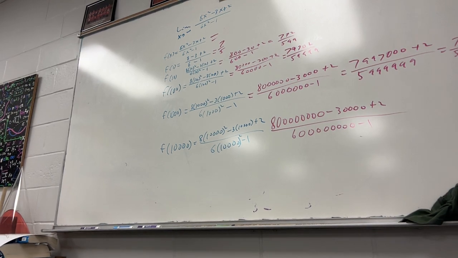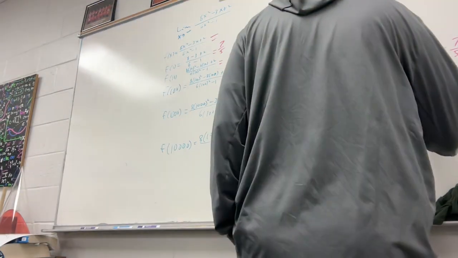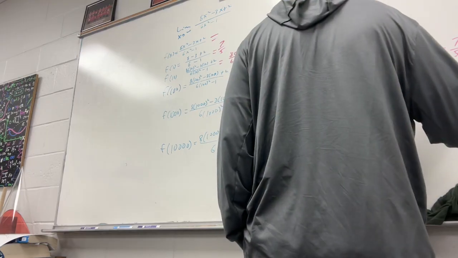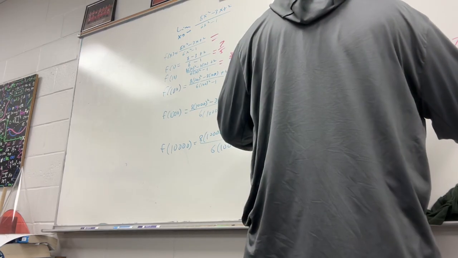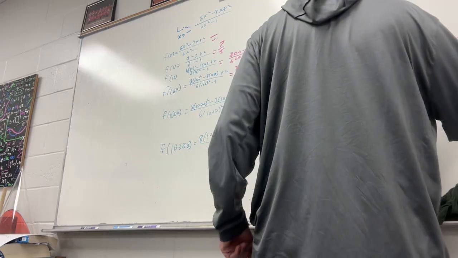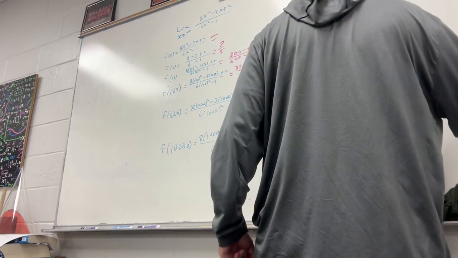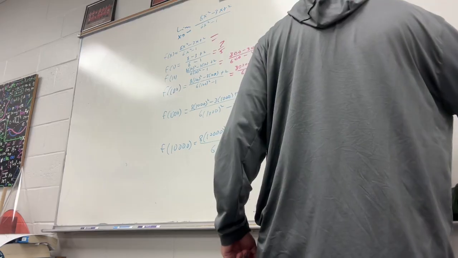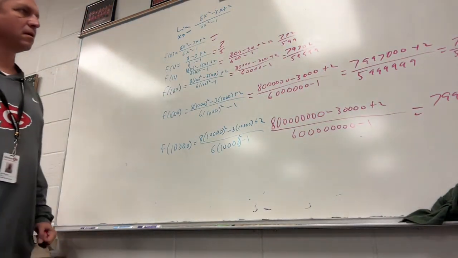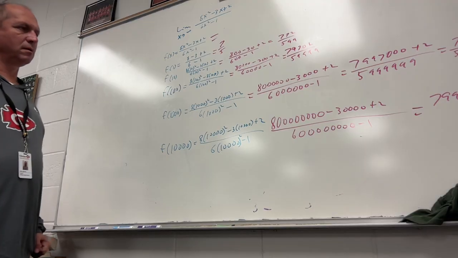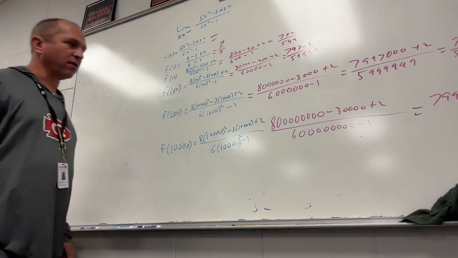So this would be 799. How many nines do I need? 4? Is that right? Wow. Over.